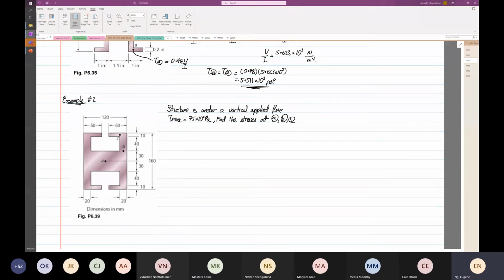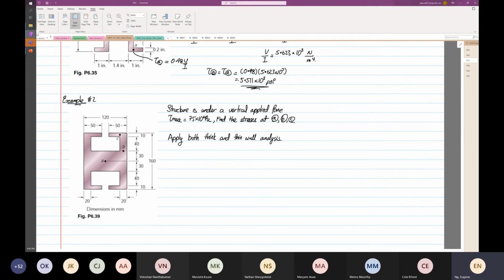So this example is both. We have to apply both thick and thin wall analysis. Yes or no? Right? We have to apply both. You have no choice.